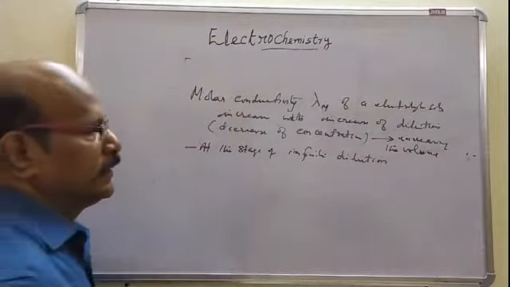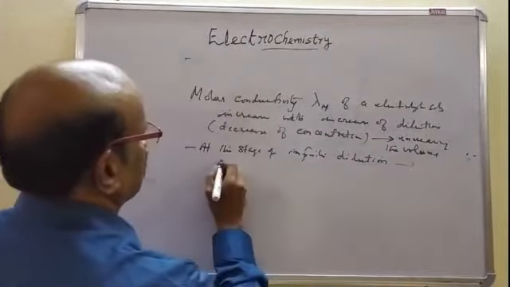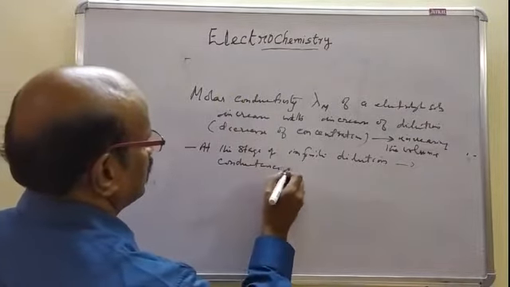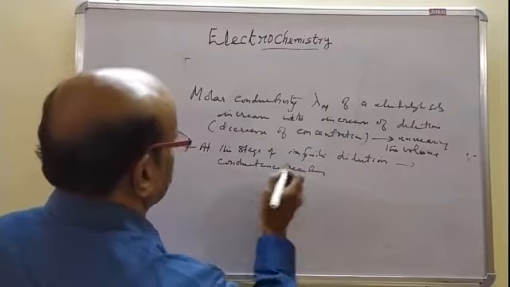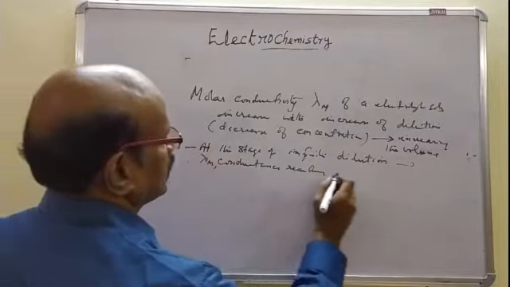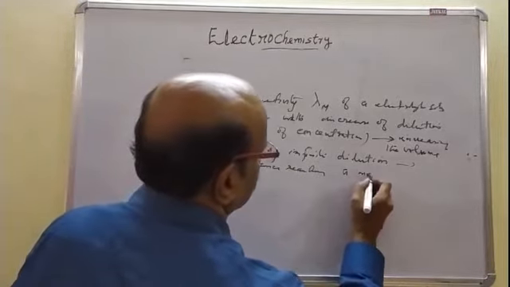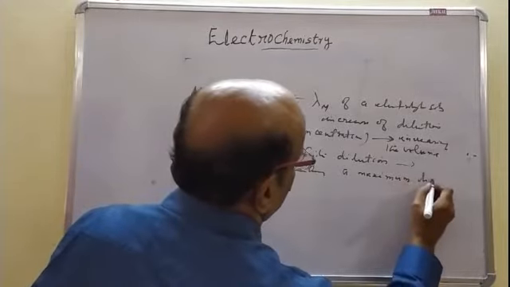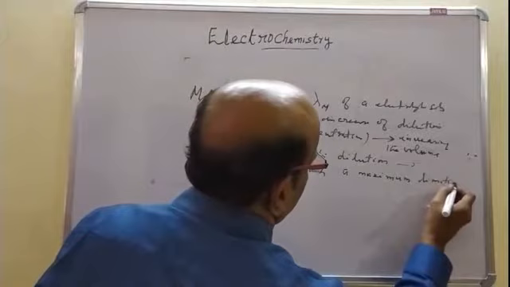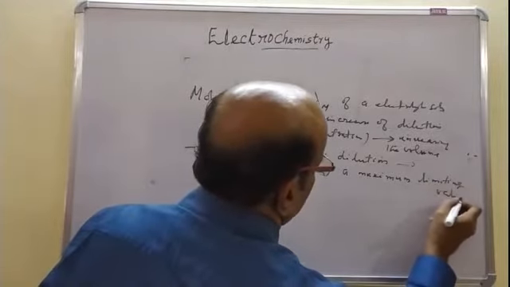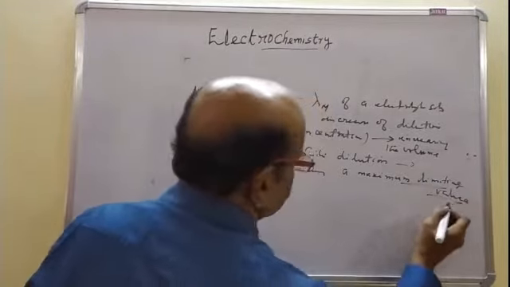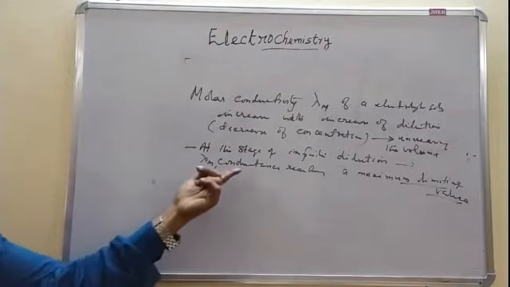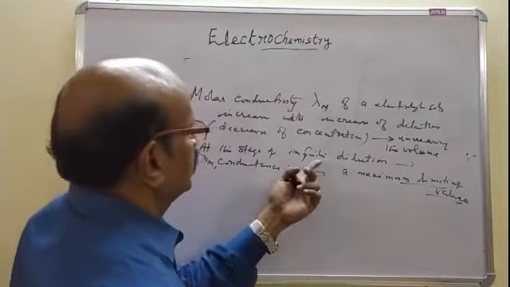The conductance, lambda m, reaches a maximum limiting value for any electrolyte at extreme dilution or infinite dilution.